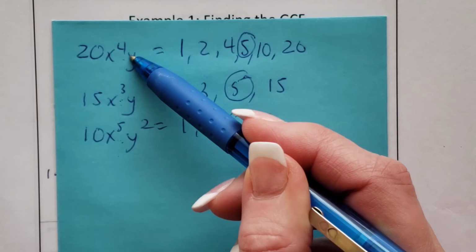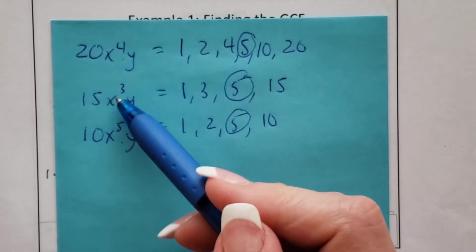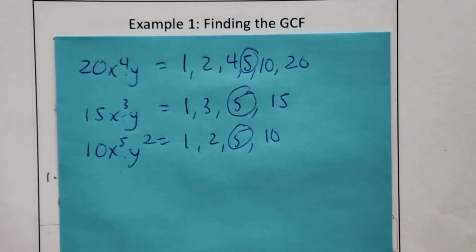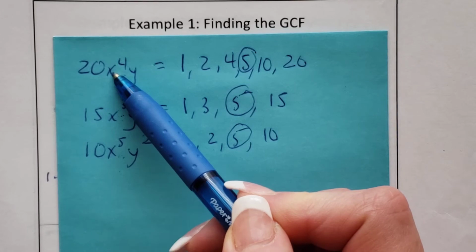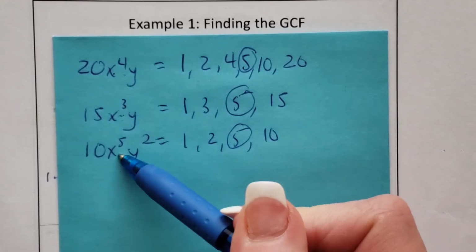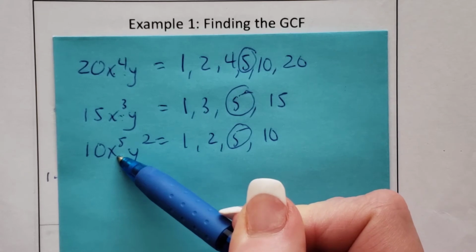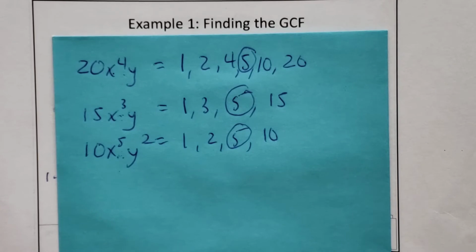There's only 4 there. So the greatest number of x's I could pull out of each one of these terms is x to the 3rd. If I pulled out 3 x's, I'd have 1 left. If I pulled out 3 x's, I'd have them all. If I pulled out 3 x's, I would still have 2 left here. All right, so x to the 3rd is the greatest common factor.